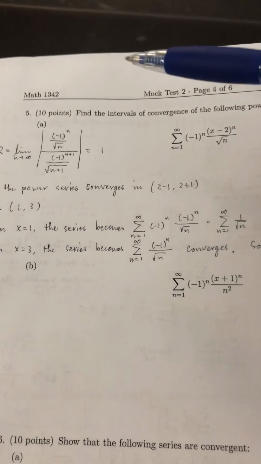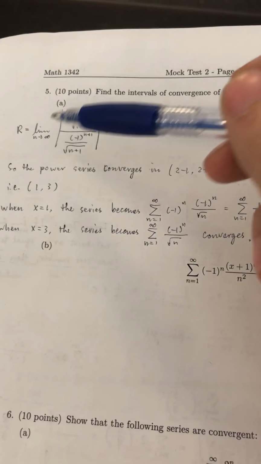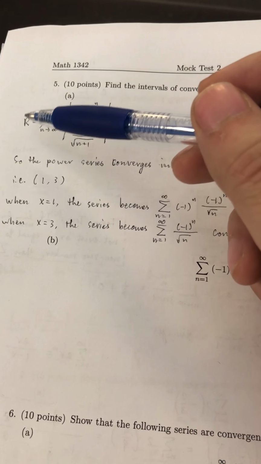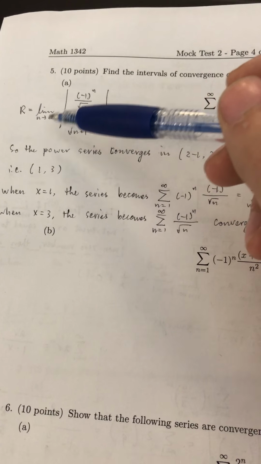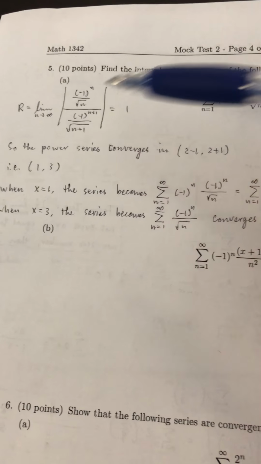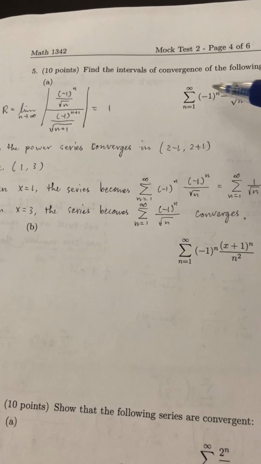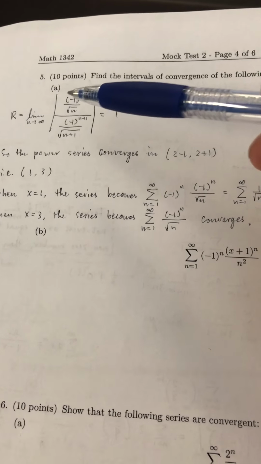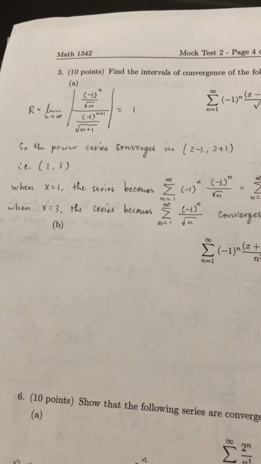The first step, of course, is trying to find the radius of convergence, and that is the limit of an over an plus 1. Remember, an is just the coefficients. Then put the absolute value, simplify it, and you find it's equal to 1.